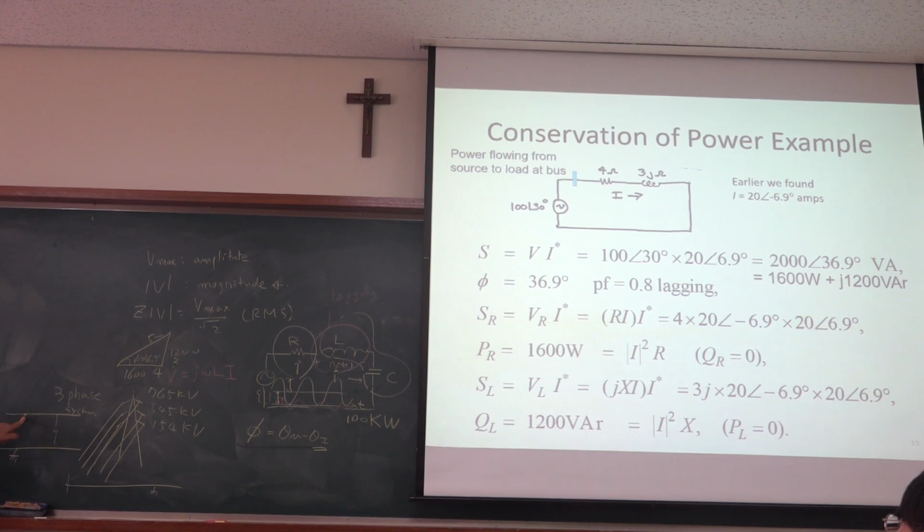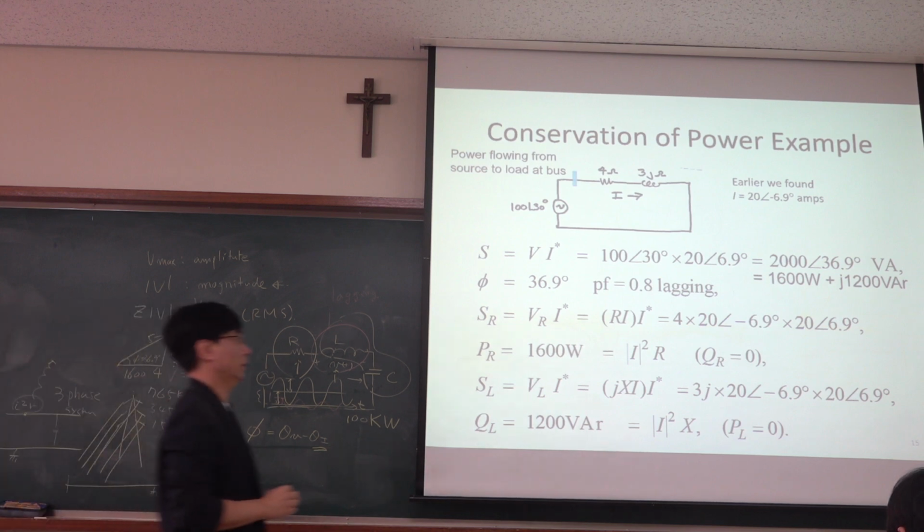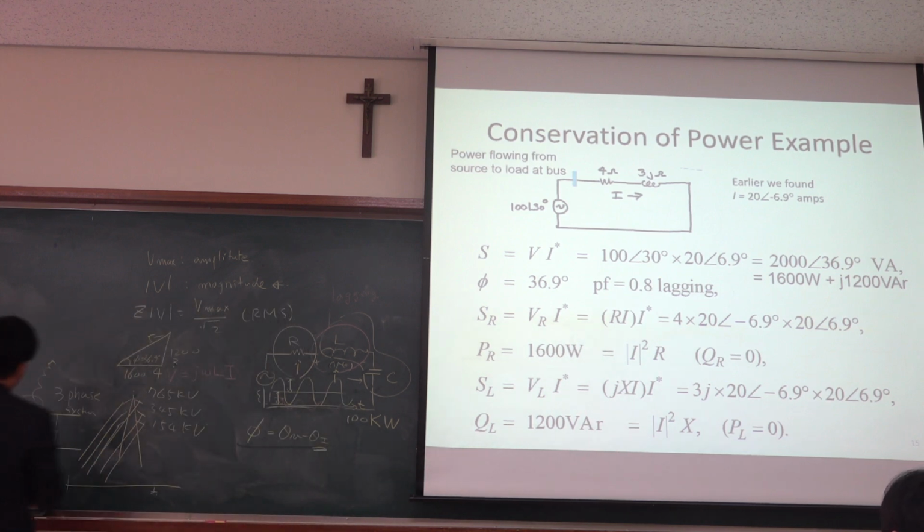From this resistor, the power is consumed and heat is generated. So I squared R. This is the heat dissipated by the small resistance of the transmission line, and it is just dissipated into the air. This is the loss of the energy delivery, so we want to make this power loss as small as possible.